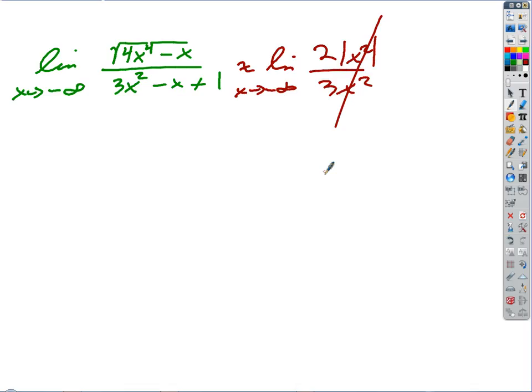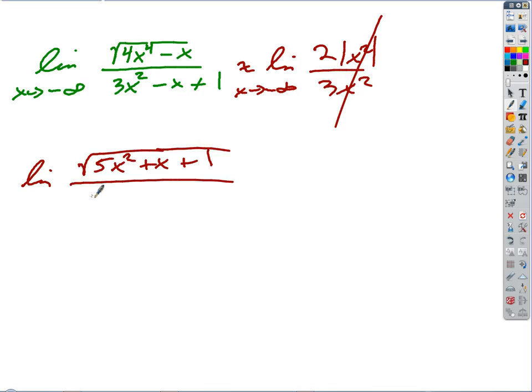Let's do another with the square root. Try this limit. So what's that going to be? Negative root of 5 over 5. That's a positive.